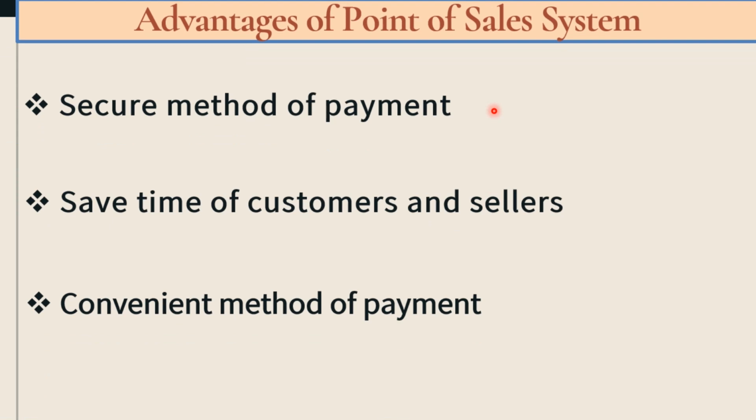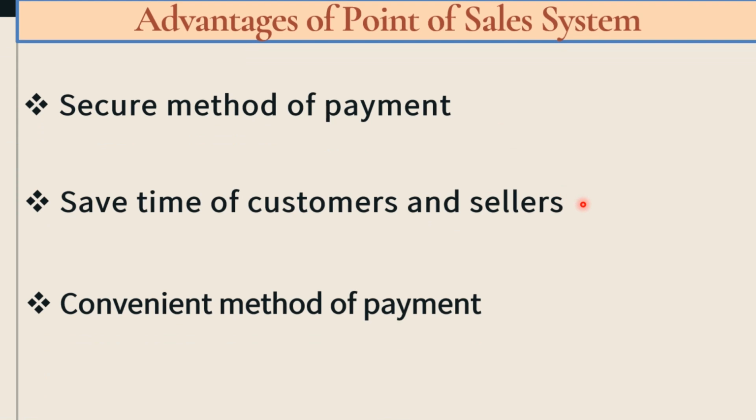The customer can make a payment for his transactions very safely and with security. A point of sale terminal is a device through which the customer can pay easily and with a secure method. It is a secure method of payment. Therefore, it is one of the advantages of point of sales system.